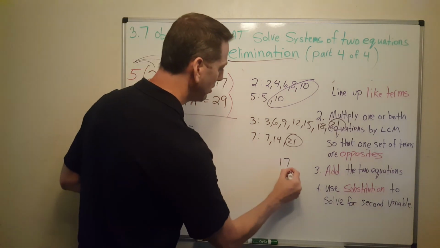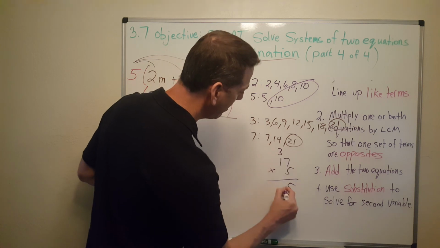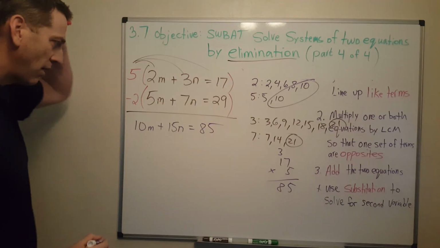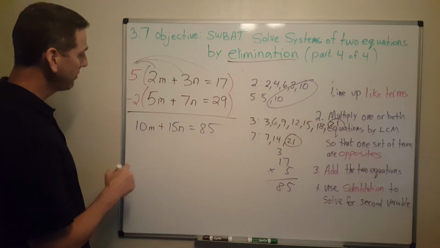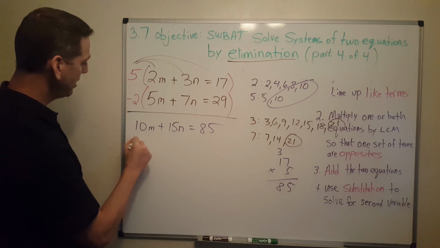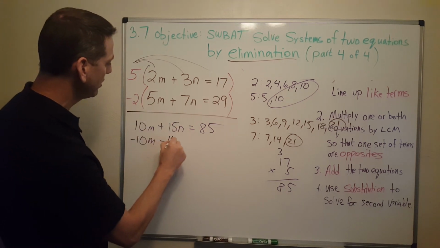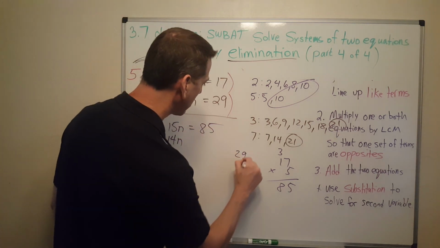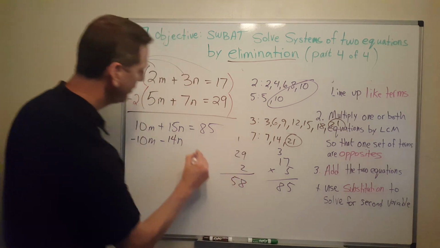Oh, it's 5 times 17, 85. Right? Now, what's negative 2 times 5? That's negative 10n. Negative 2 times 7 is negative 14n. And negative 2 times 29, what is that? It's 58.